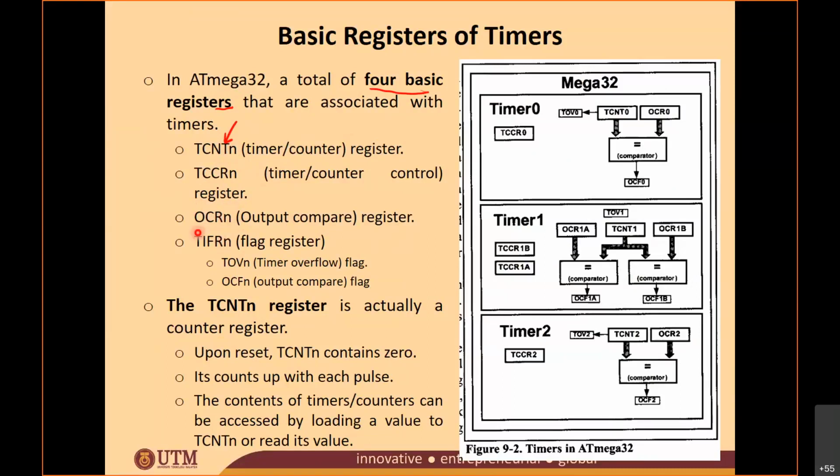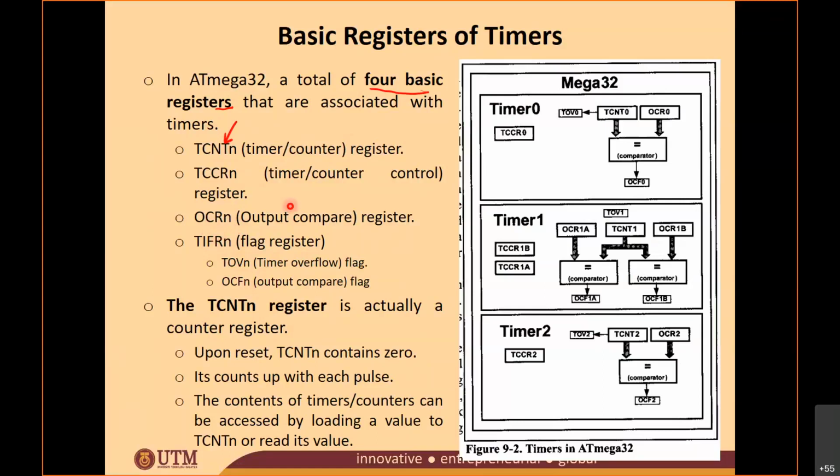Last but not least, the flag register, known as TIFR. Inside this flag register, you will have TOV, which is used for the overflow flag, and OCF, used for the CTC flag or output compare flag. So all of the flags, whether you use the overflow method or the CTC method, will be stored inside this TIFR.